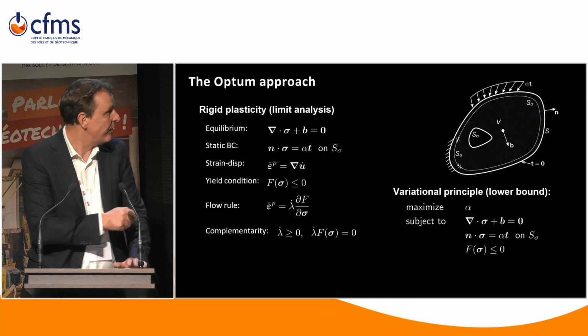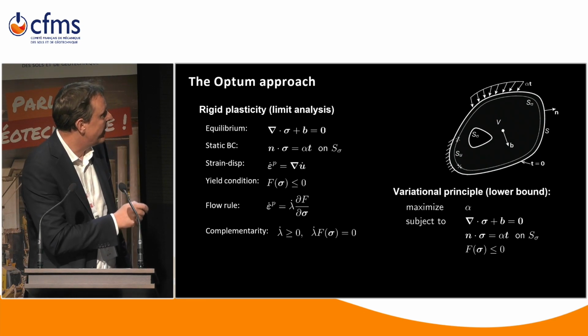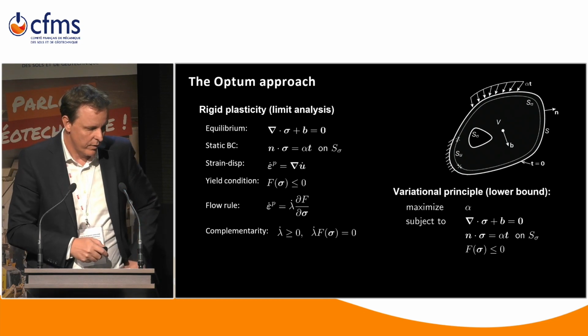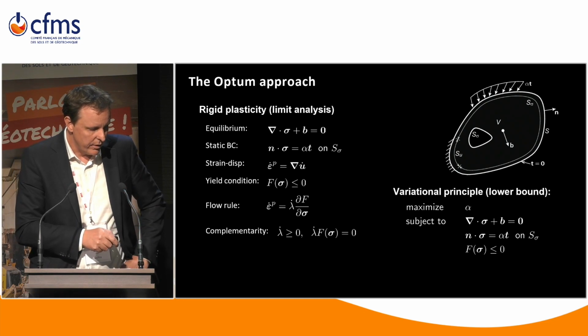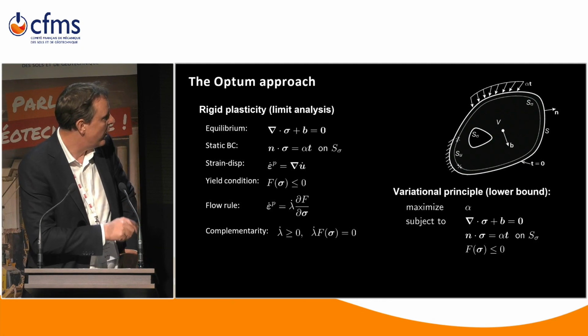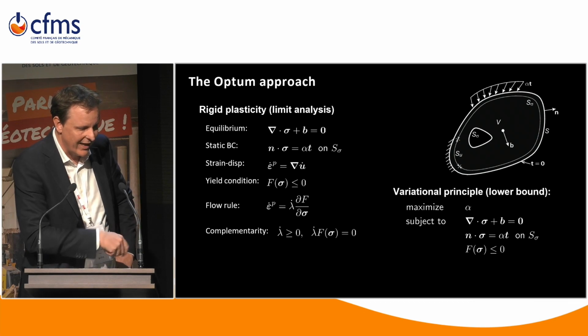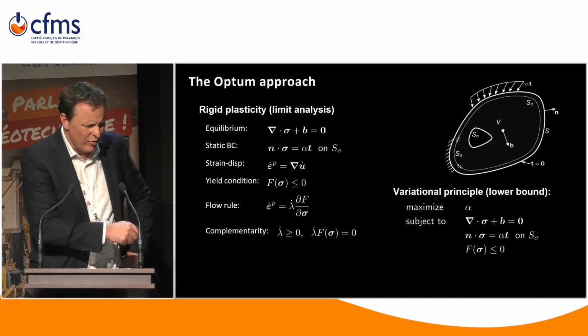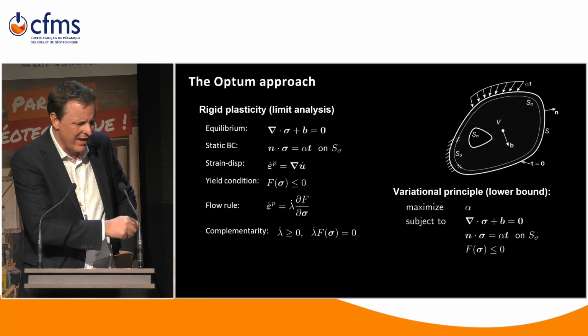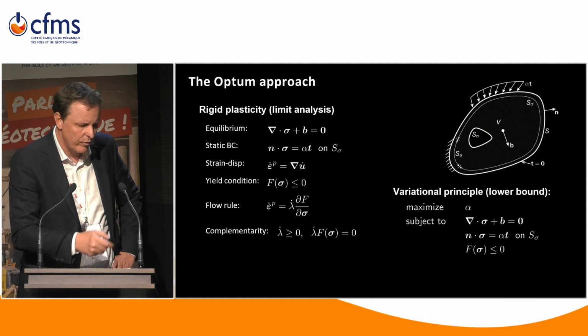Note that we have only plastic strain rates; there are no elastic strains. We have the yield condition, a flow rule, and the well-known complementarity conditions, basically saying we can only have plastic straining if we are on the yield surface. So a fairly nasty set of governing equations.